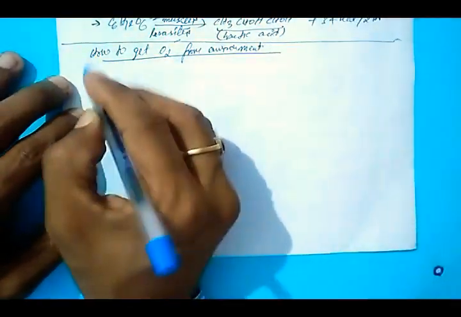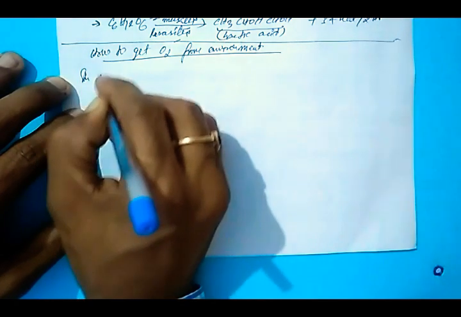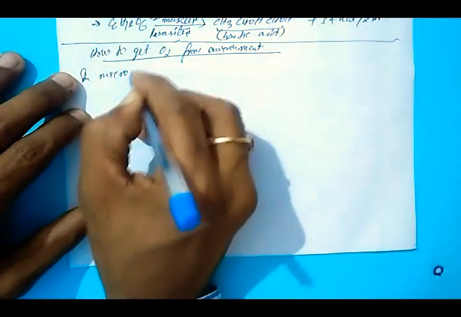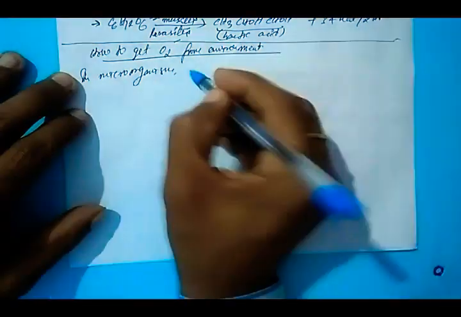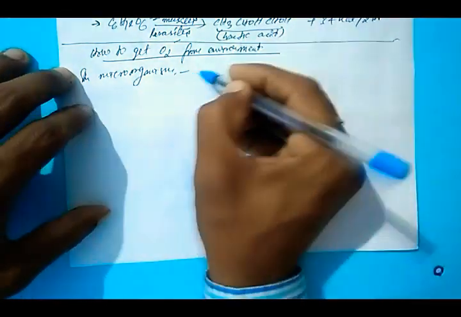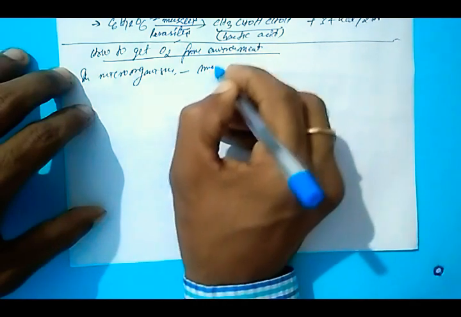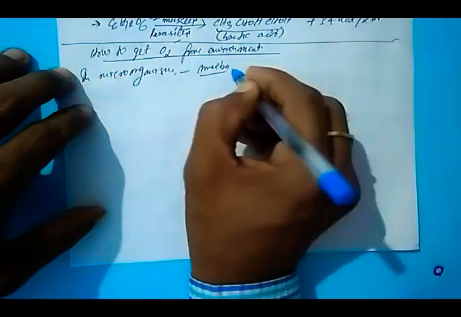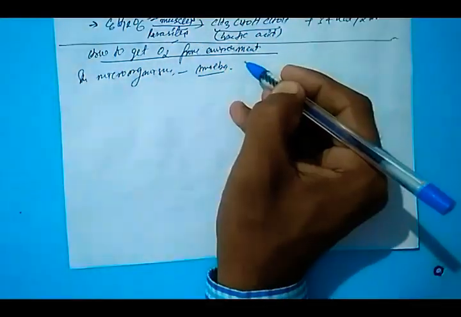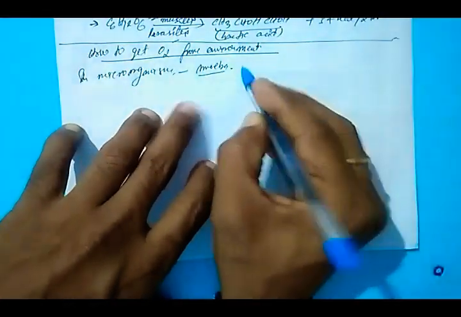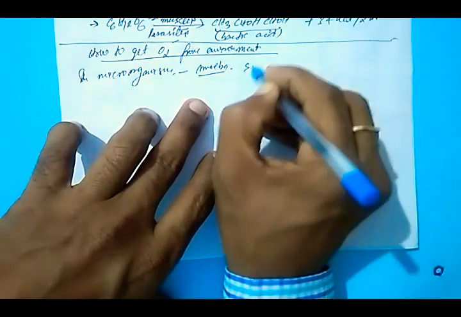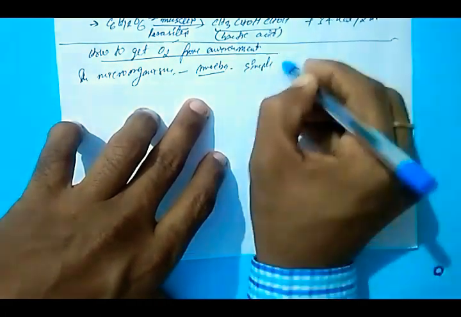So in microorganisms, just like amoeba, these organisms get oxygen from the environment simply by the diffusion process.